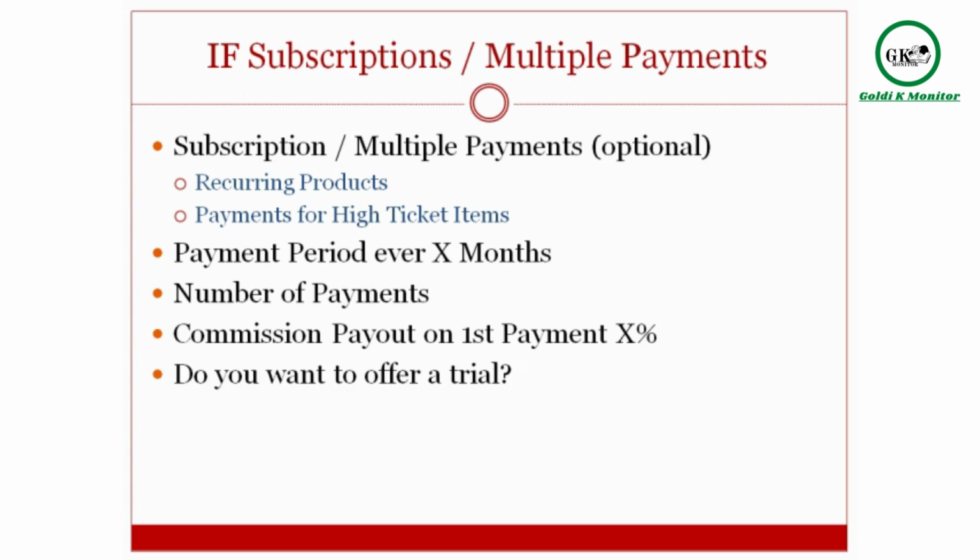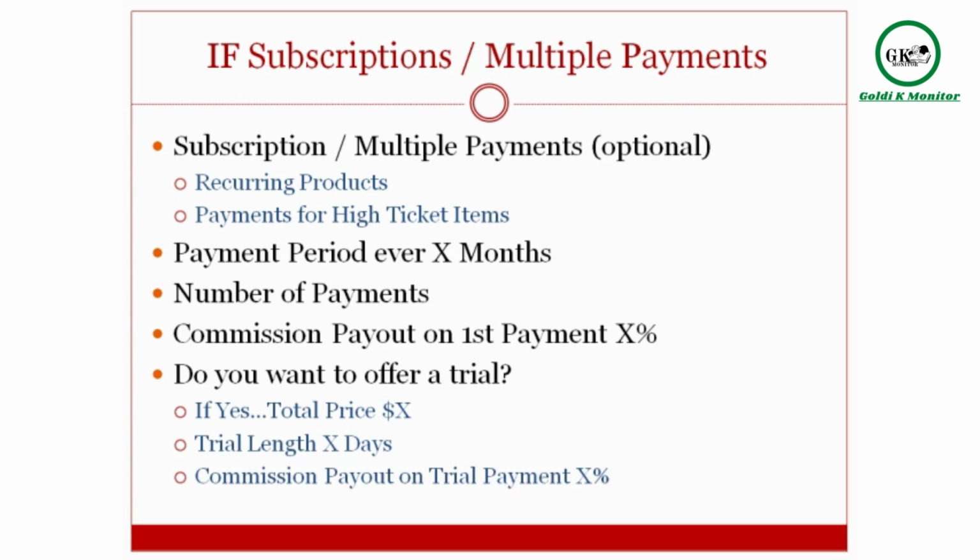Then the question you need to ask yourself is, for your monthly, weekly, or quarterly recurring subscription, do you want to offer a trial? If you want to offer a trial, let's say for 7 days, it's $1. If that's the case, then the total price would be $1 for 7 days.